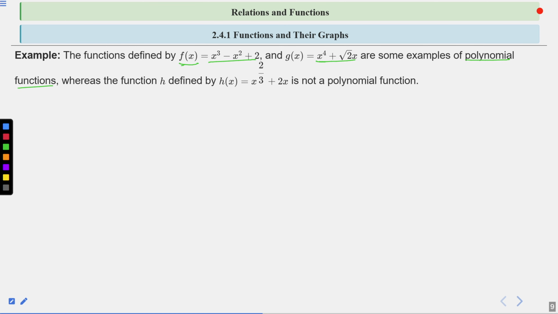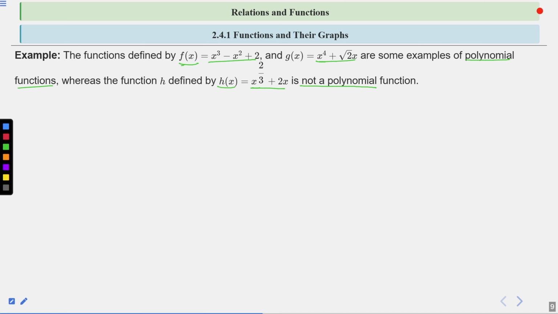Yes? Why? Because they are of the form a0 plus a1x plus a2x squared till an x raised to power n. If you see this function h(x), which is defined by x raised to power 2 by 3 plus 2x, this is not a polynomial function.